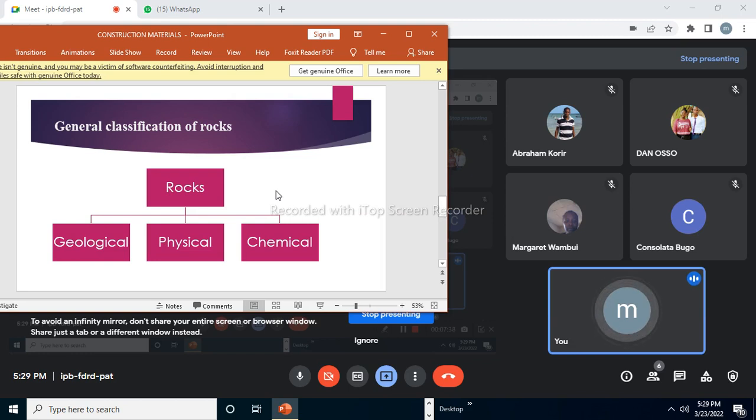When they are formed in the earth's surface, they are called intrusive igneous rocks, as you will see. From our future discussions, we will give the characteristics of igneous rocks, sedimentary rocks, and metamorphic rocks.